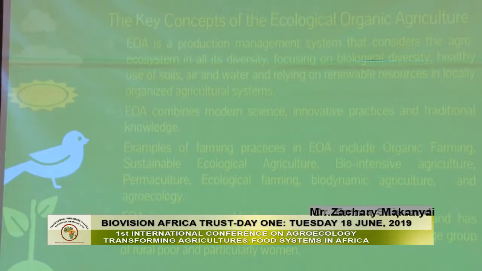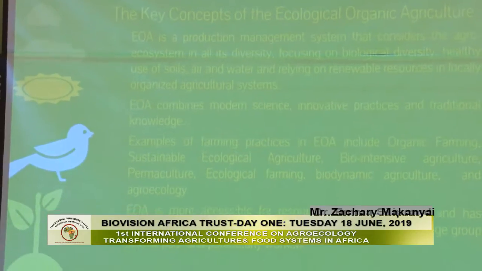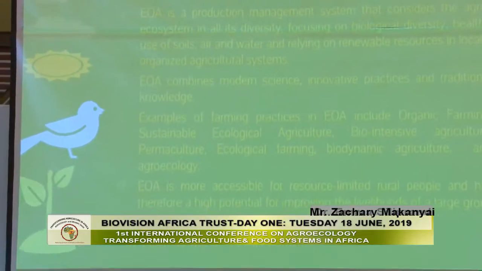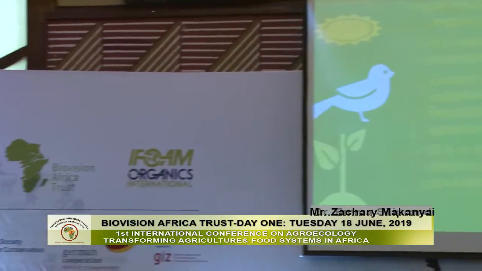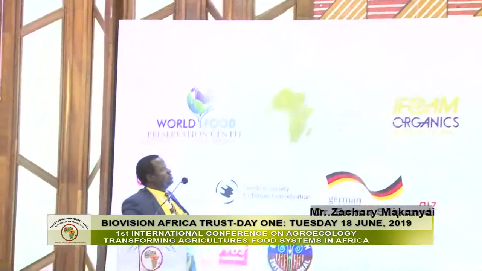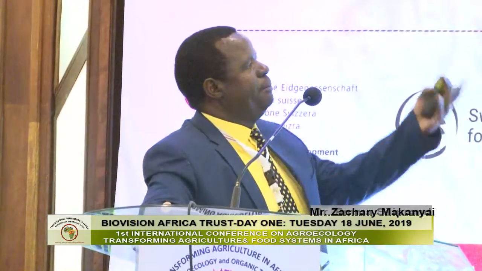First of all, just to understand the concepts, EOA is a very broad term. It comprises many approaches like organic farming, sustainable ecological agriculture, biointensive agriculture, permaculture, ecological farming, biodynamic agriculture, and agroecology. So all these are what you call ecological organic agriculture.